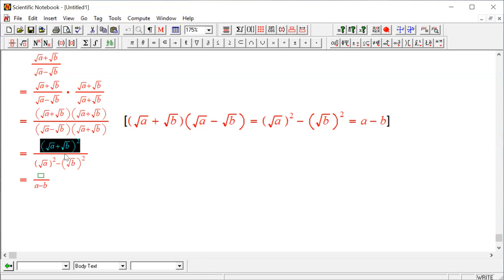we have to be very careful. A common mistake, which we see very often, is that people would do this to the square.